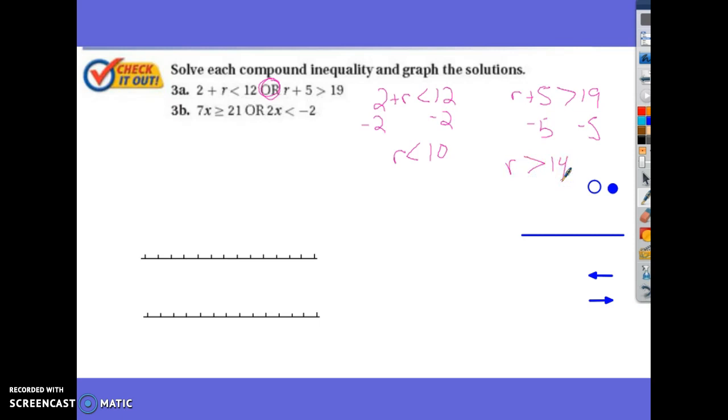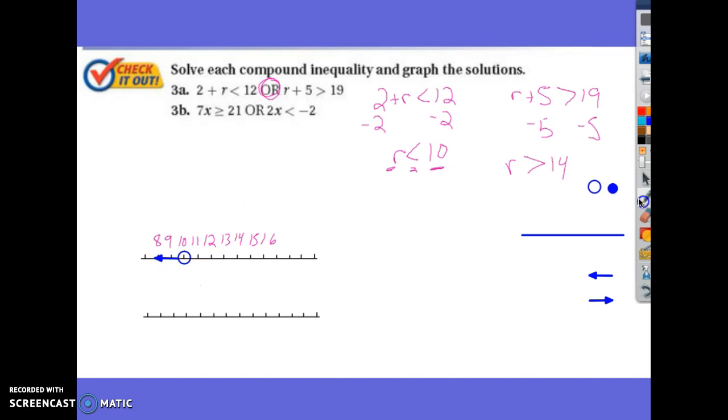So I'm going to set up my inequality over here. I'm just going to go 8, 9, 10, 11, 12, 13, 14, 15, 16. In the first instance, I have r is less than 10. So again, it's an open circle on 10. And I'm going in this direction because r has to be less than 10.